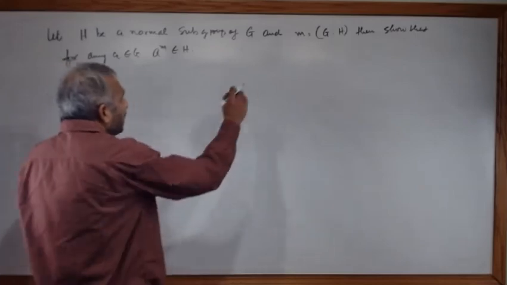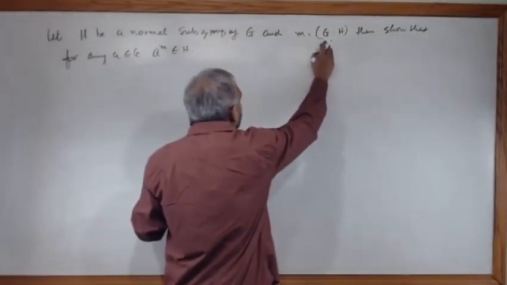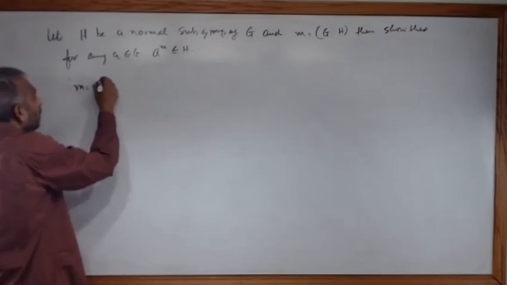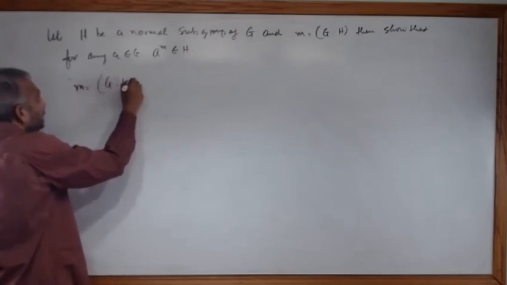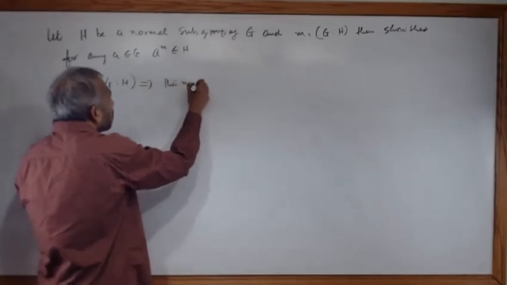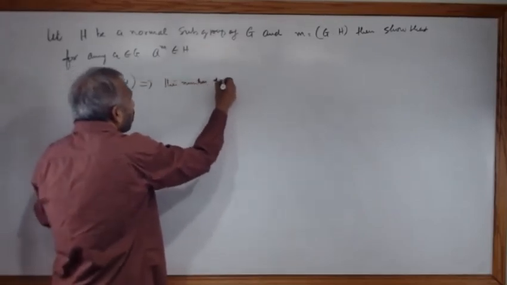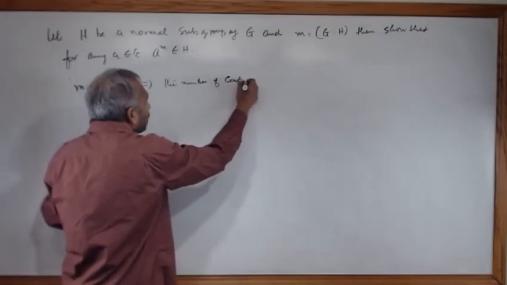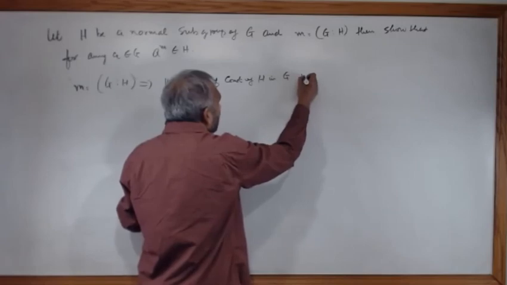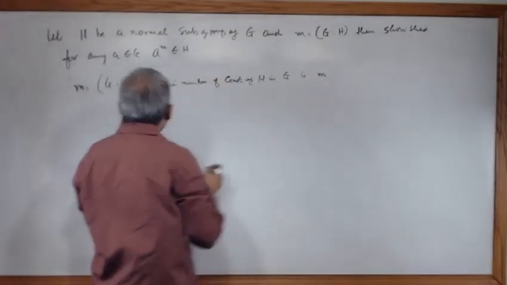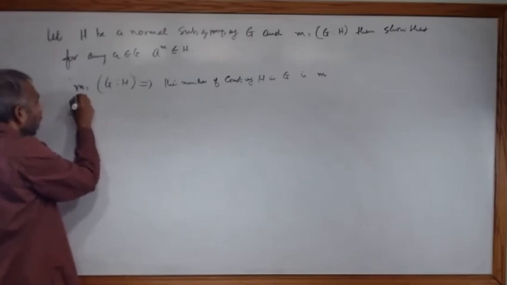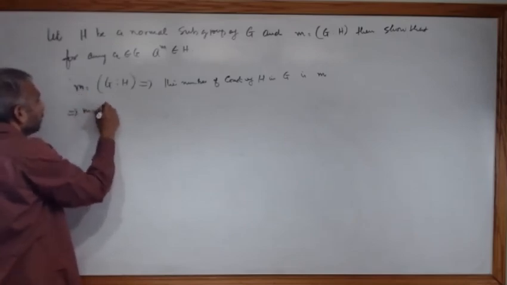So what is the meaning of the index? m is equal to [G:H] implies the number of cosets of H in G is m. And that implies this is the order of the factor group.